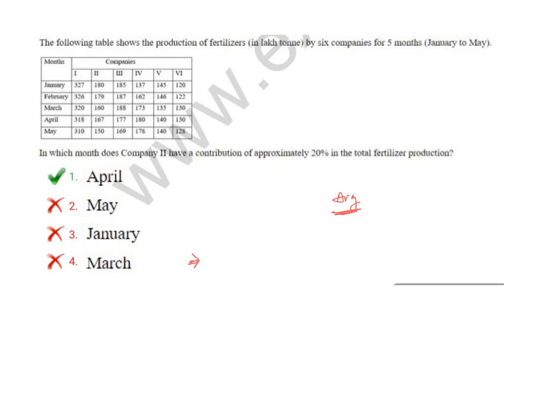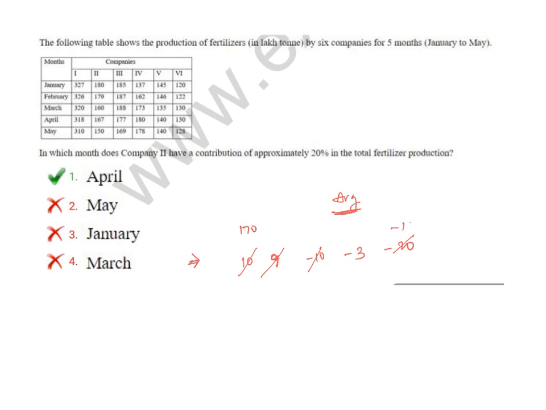Assume that your average is 170. Subtract it from each and every observation. 180 minus 170 is 10. Then after that 9. Then after it is minus 10, minus 3, then minus 20. So cancel it. Minus 10 plus 10 you can cancel. Then 9.